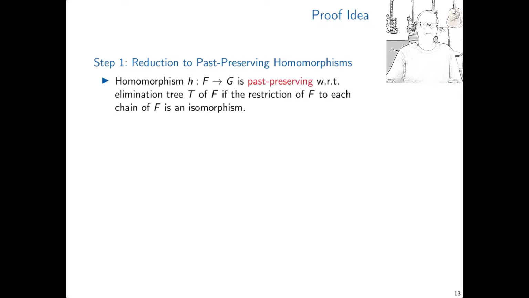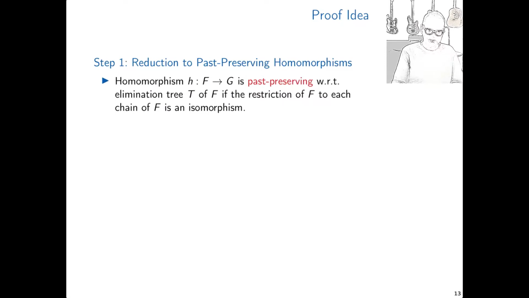So let me say a few words on the proof. The proof uses essentially known techniques, but you have to be very careful to apply them in the right way, and that's not completely trivial, I would say. The proof goes in two steps, and the first step is a reduction to a particular form of homomorphisms that I call path preserving.